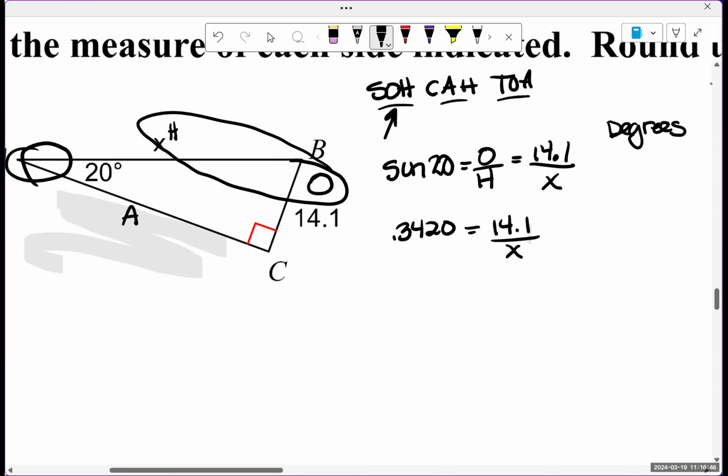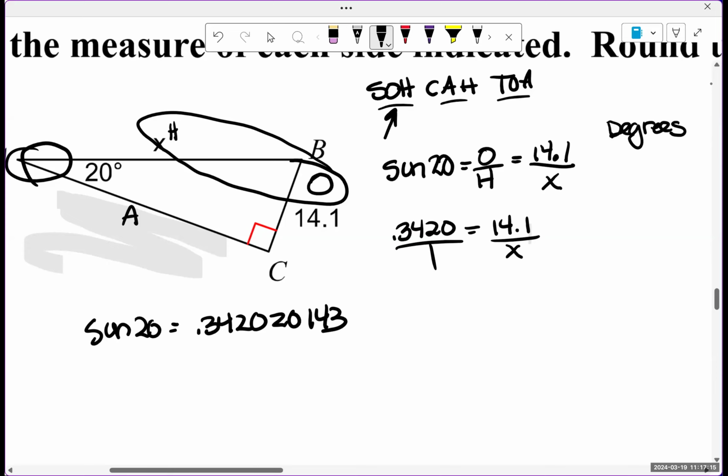It's actually 0.3420201 and so on. We have approximated and rounded that off, so we're introducing a little bit of error. When you get it from the trig table, it introduces a little bit of error.